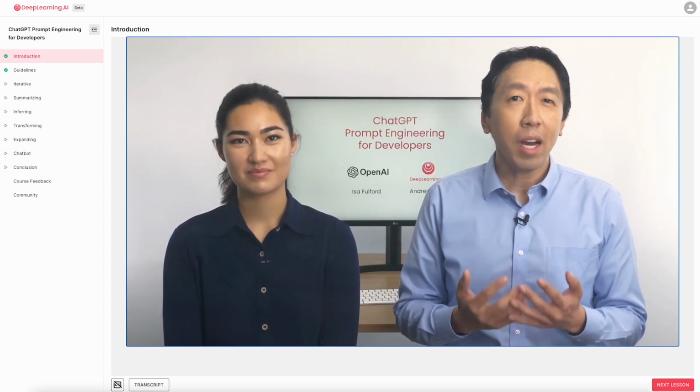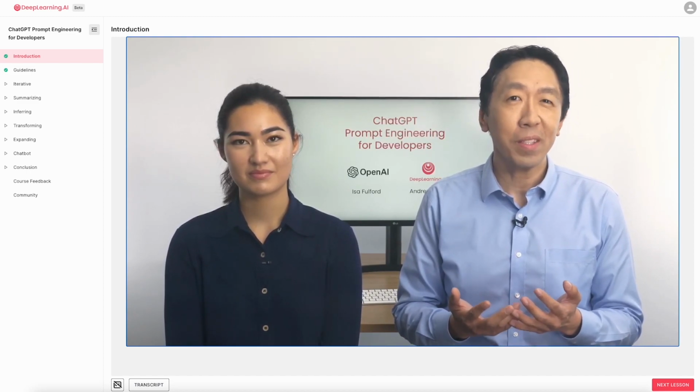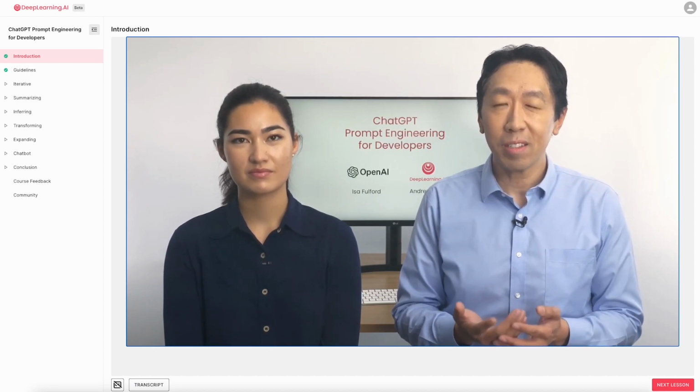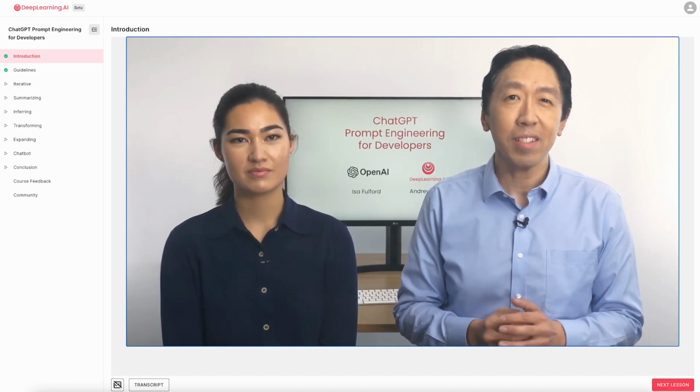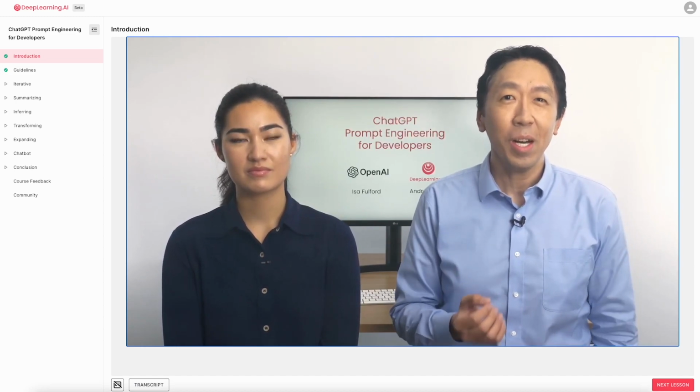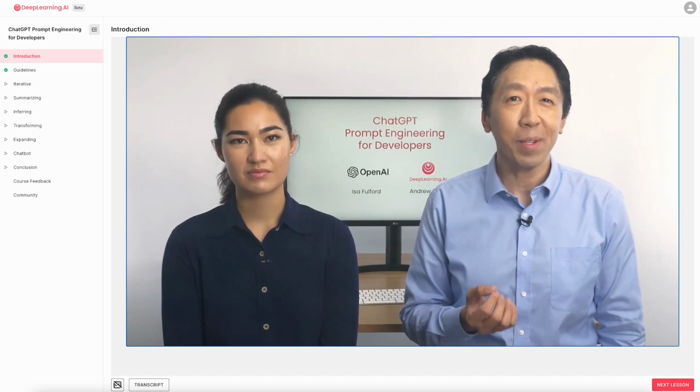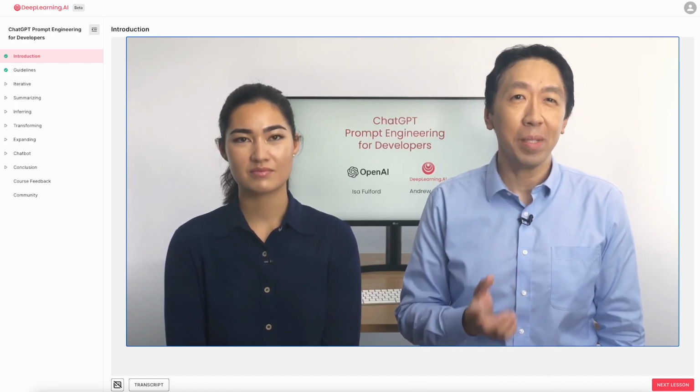In fact, my team at AI Fund, which is a sister company to deeplearning.ai, has been working with many startups on applying these technologies to many different applications. And it's been exciting to see what LLM APIs can enable developers to very quickly build.